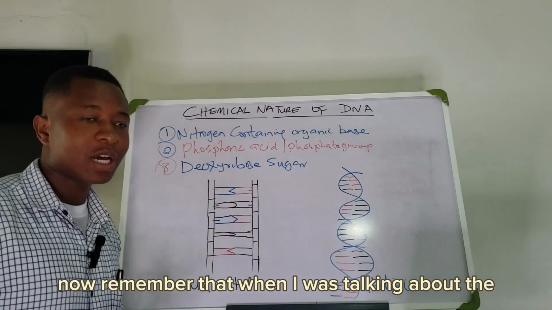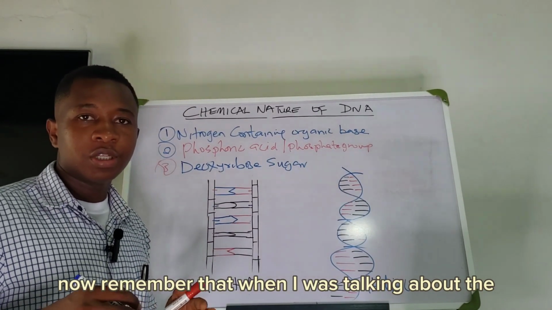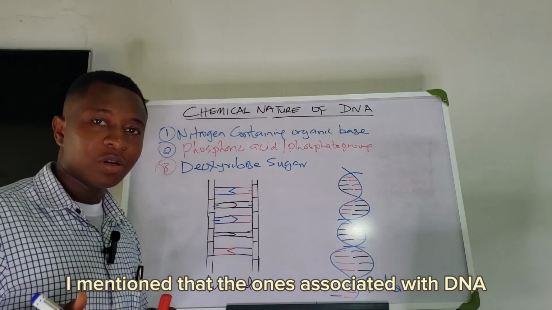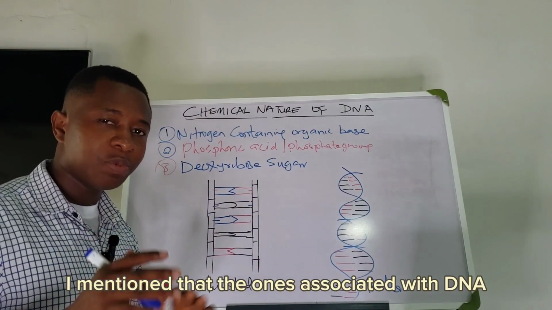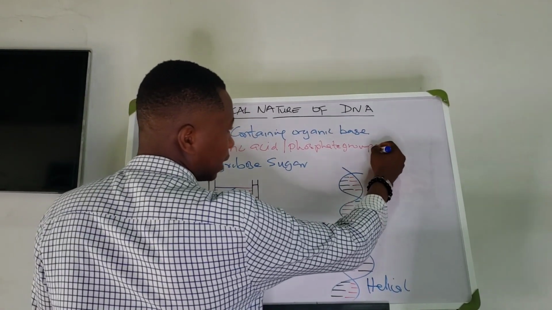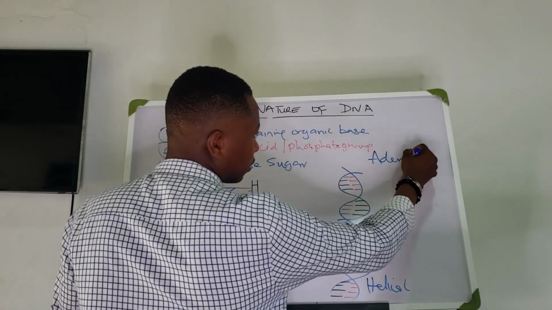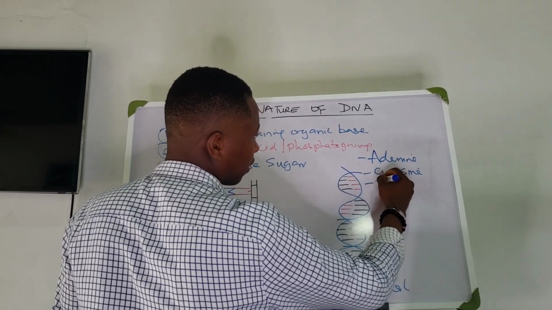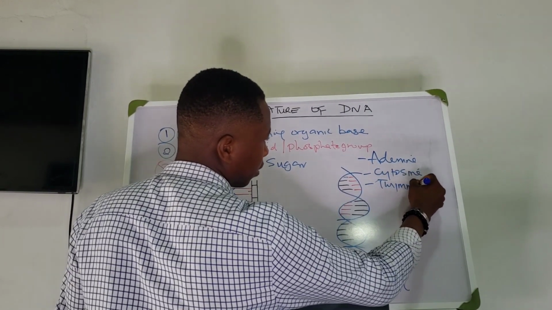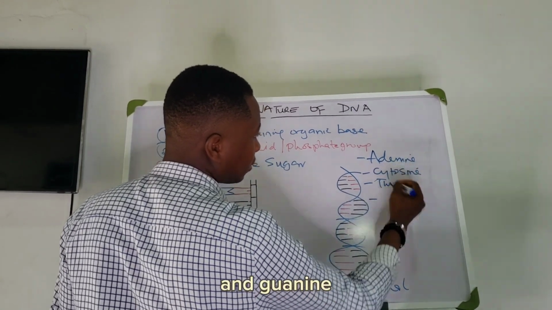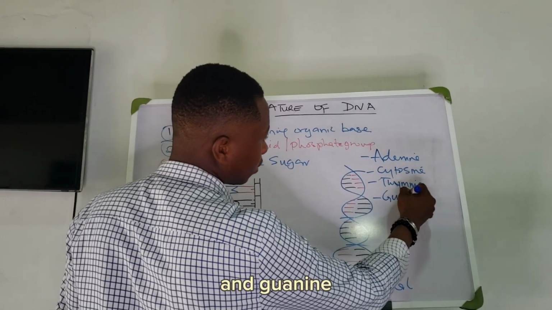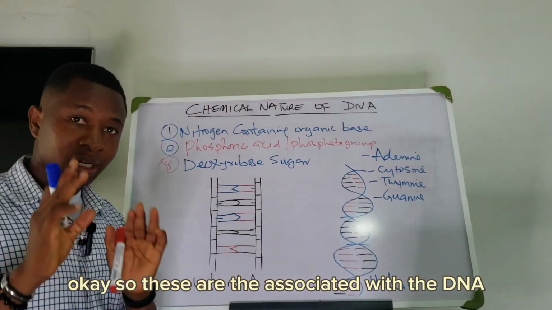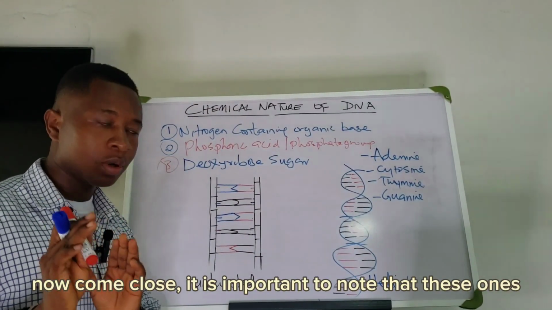Now remember that when I was talking about the nitrogen-containing organic base in my previous video, I mentioned that the ones associated with DNA are adenine, cytosine, thymine, and guanine. Okay, so these are the four associated with the DNA. Now, come close.